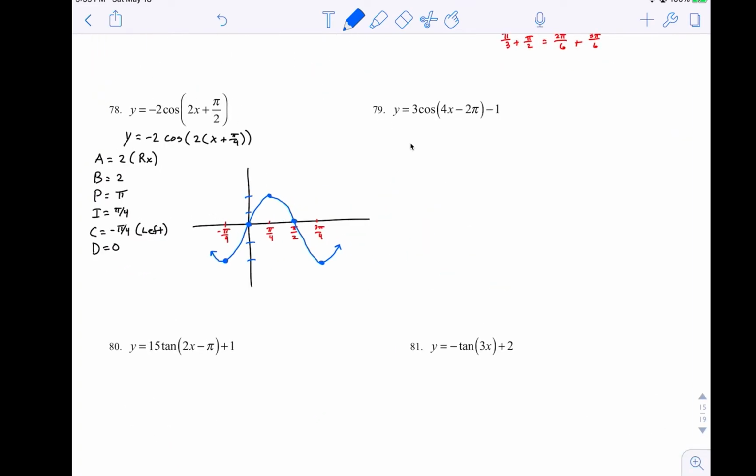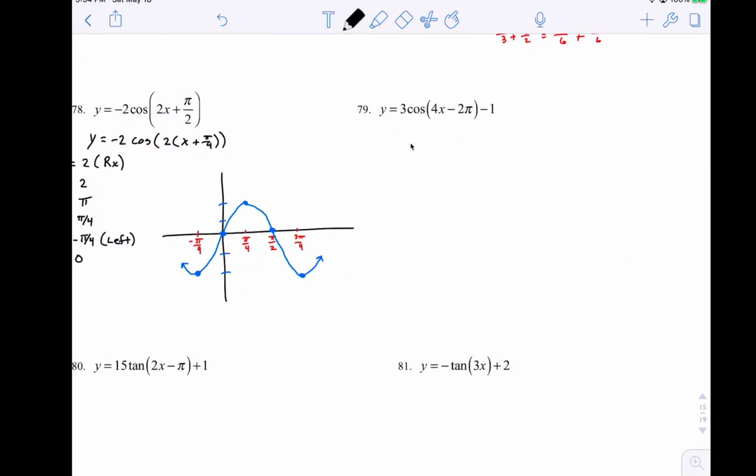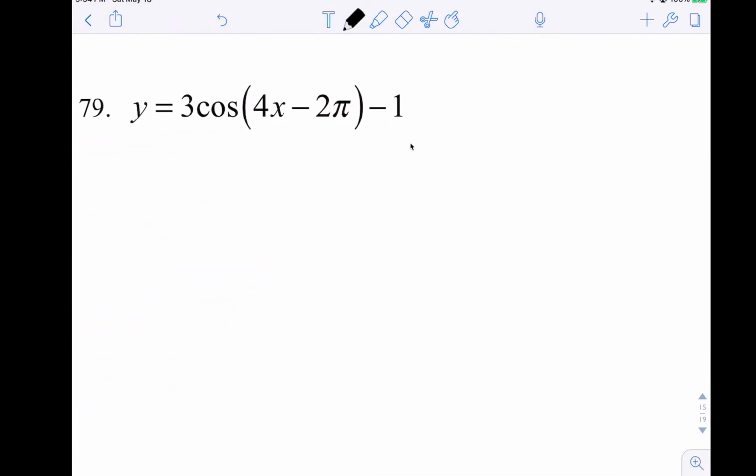All right, so 79, you got 3 cosine, take out a 4, x minus 2 pi divided by 4 is pi over 2, minus 1.